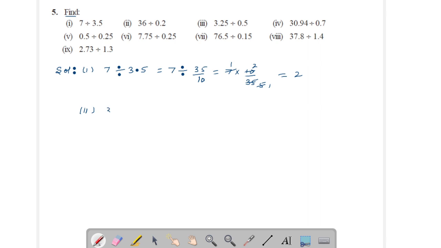Now come to the second part. It is 36 divided by 0.2. This can be written as 36 divided by, remove the decimal, it can be written as 2 upon 10.